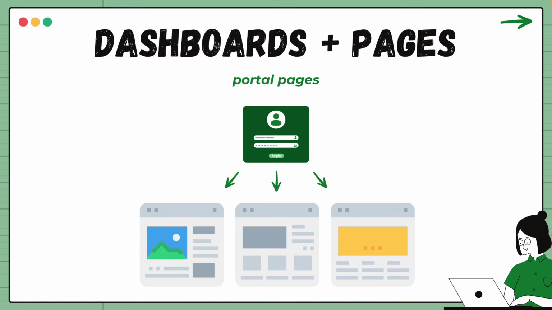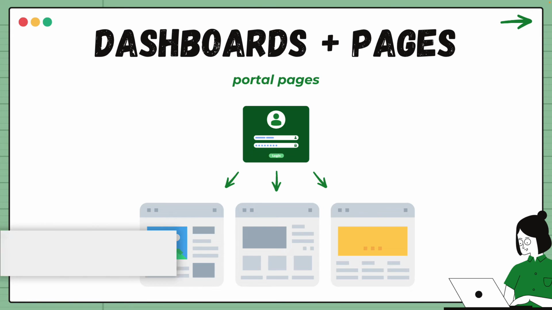Portal pages are pages that are inside the platform. The user must be logged in to view them. But in contrast to dashboards, where each user has one defined dashboard based on that priority assignment we talked about earlier, portal pages don't have any limits like that. You can create 500 portal pages assigned to a specific target or to a specific circle, and they'll have access to the content on all those pages.